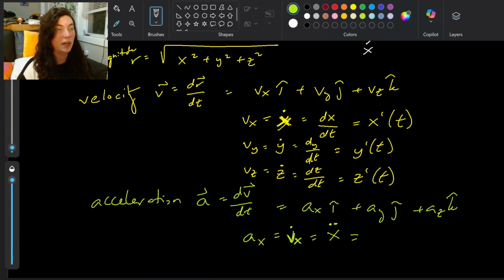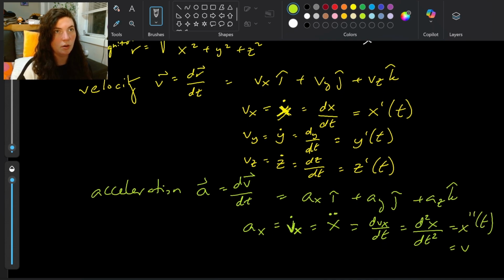Again, we can see this in a lot of different ways: dvx over dt, or d squared x over dt squared, telling you it's the second derivative of position, x double prime of t, or v sub x prime of t.